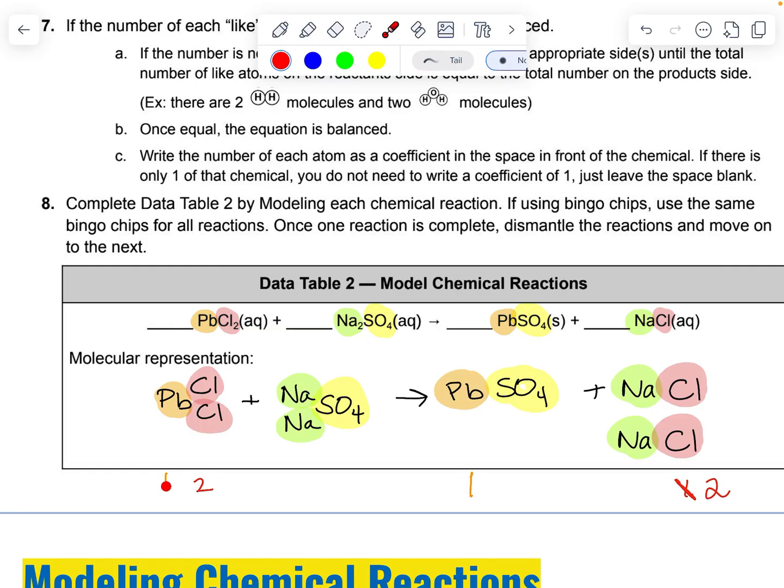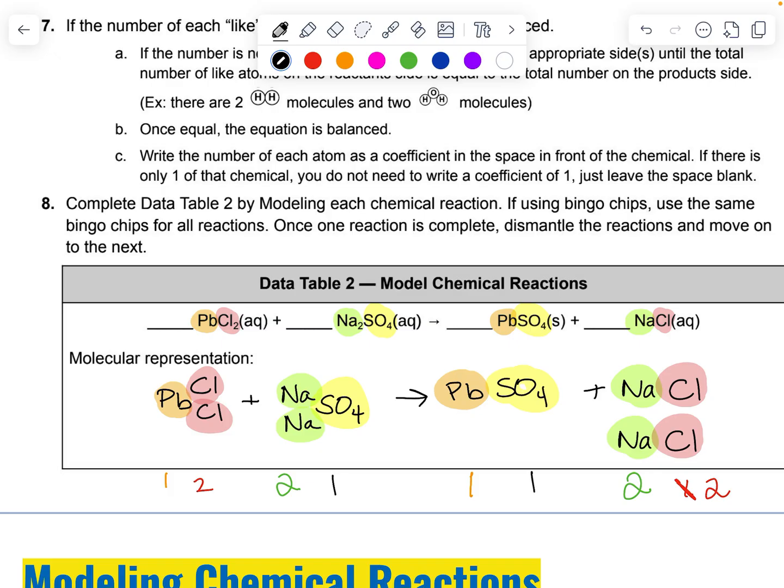So my lead's matched, my chlorines matched. So let's keep going. Sodiums. And I'm going to count with what now I have, now that I added another NaCl. I have 2 sodiums on the left. I now have 2 sodiums on the right. Great. And lastly, I'm going to use black instead of yellow. I have 1 SO4 on the left and I have 1 SO4 on the right.